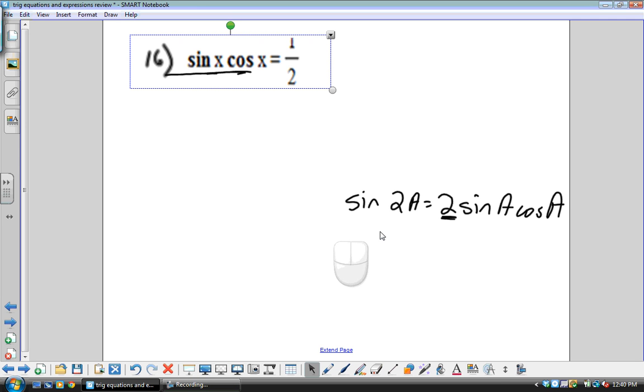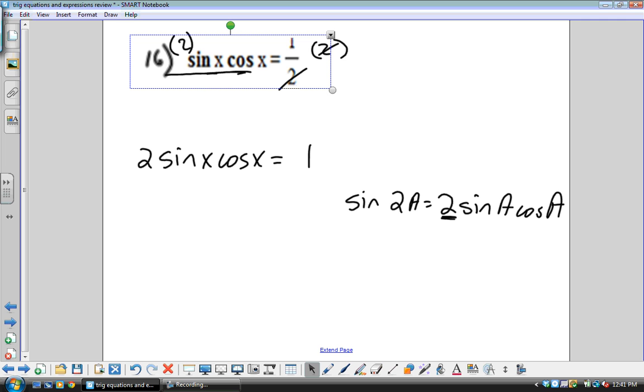So to get the 2 that we need here, we'll just take both sides and multiply by 2. Okay, so now I get what I need here. I get 2 sine x cosine x equals, the 2's would just cancel over here and just leave me with 1.